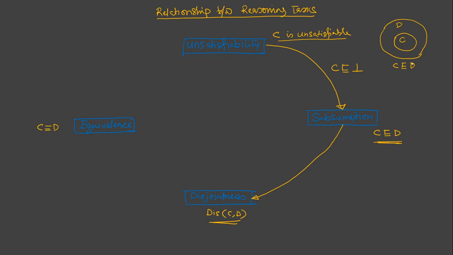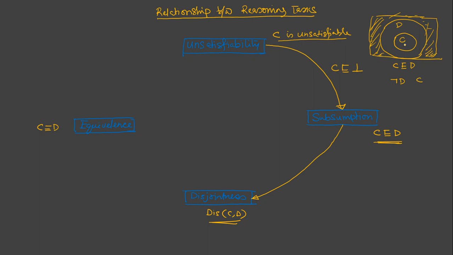Now, does that mean that the complement of D and C do not have any common element? The complement of D is the other part of the universe, so the complement of D will be this part.